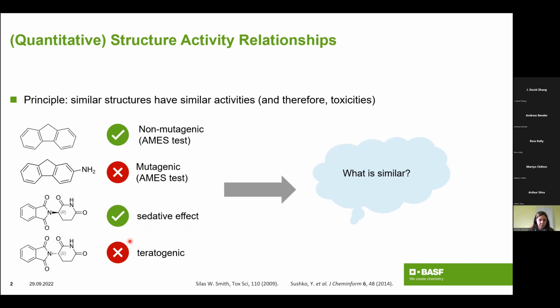And so if we go back to this structure similarity principle, we need to rethink a little bit how we show these molecules to our machine learning system so that it is also able to learn these subtle differences.